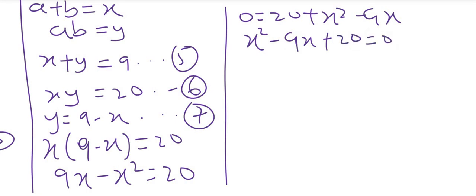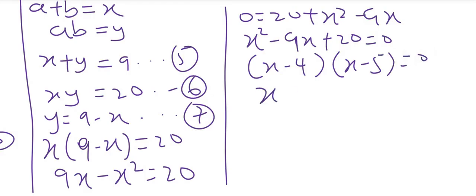So with this, the pair of numbers that multiply to give 20 and when you add them together give the middle value are -4 and -5. So x minus 4 and x minus 5 equals 0, which implies that x is equal to 4 or 5.